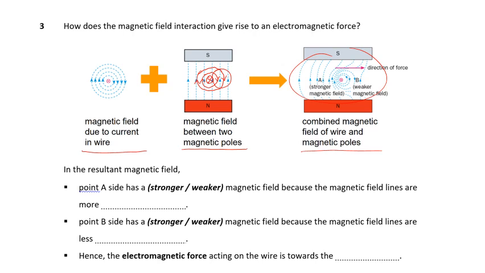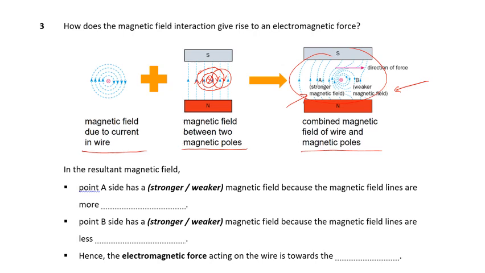The magnetic field from the current carrying conductor will cancel out the magnetic field of the permanent magnet. Of course, it is not entirely cancelled out, but we will end up with a weaker magnetic field on the right hand side. And since on the other side we have more concentrated field lines, we come up with a stronger magnetic field on the left hand side.